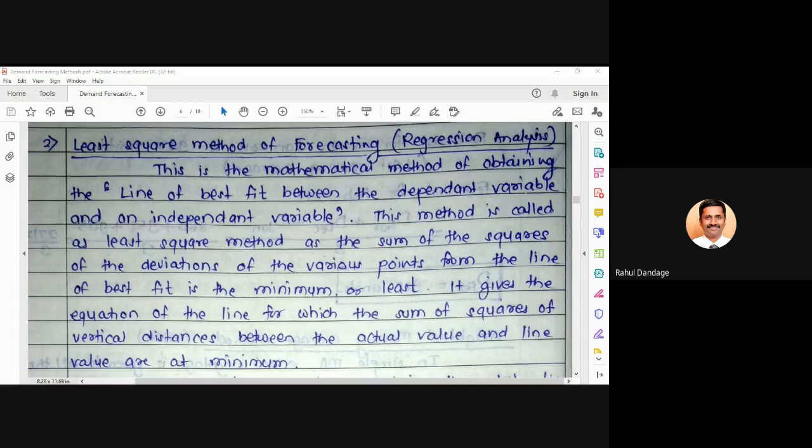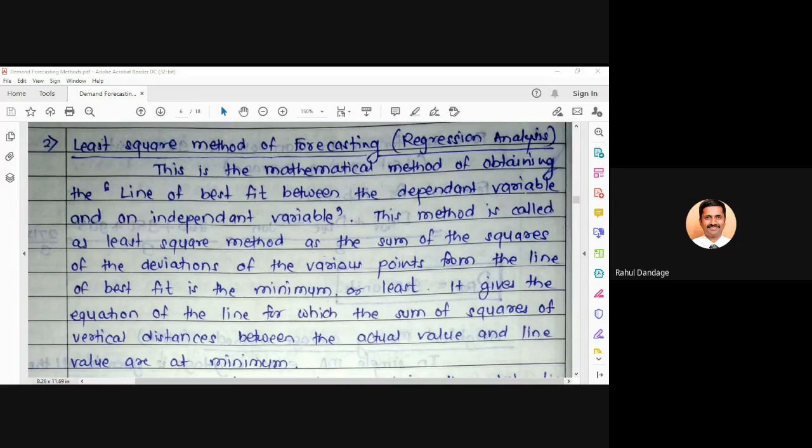This is a mathematical method, and it is related to fitting the given data to a straight line relationship between the available variables and trying to forecast the demand or the sales for the periods which are in the future.